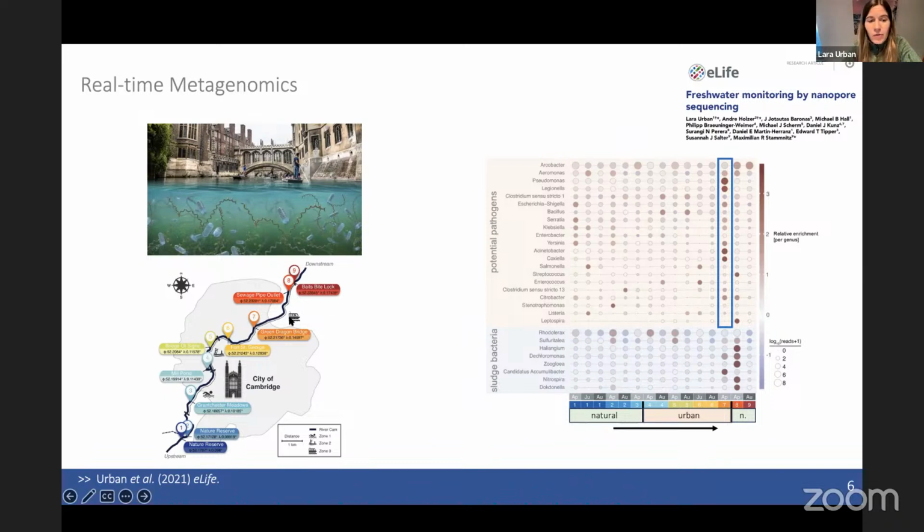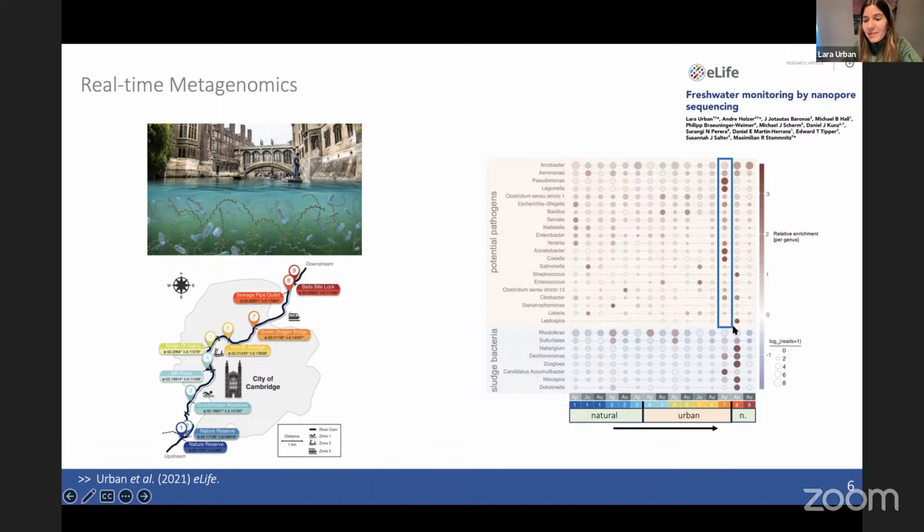Location 7 is the most polluted location in Cambridge, where you have a lot of impact by human usage, by houseboats, by agricultural intakes, a lot of cow meadows around and so on. This was really interesting to see, and basically made us hypothesize that anthropogenic impacts on the environment can have potential human health repercussions, by allowing potential pathogens to flourish.